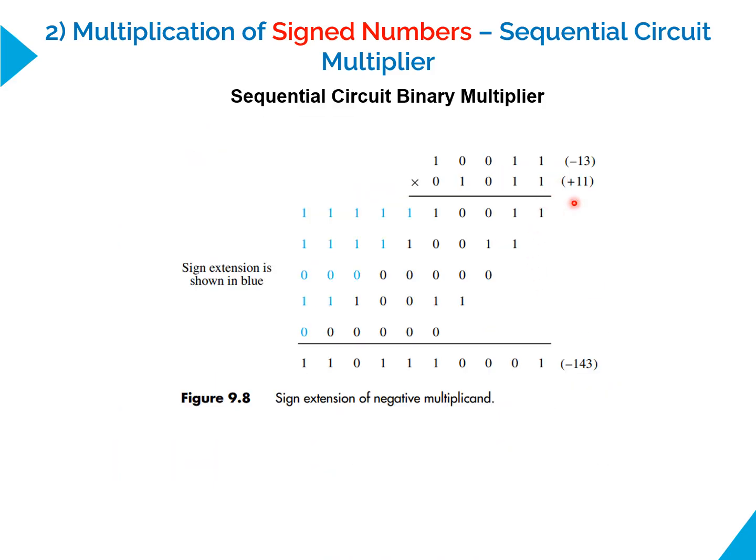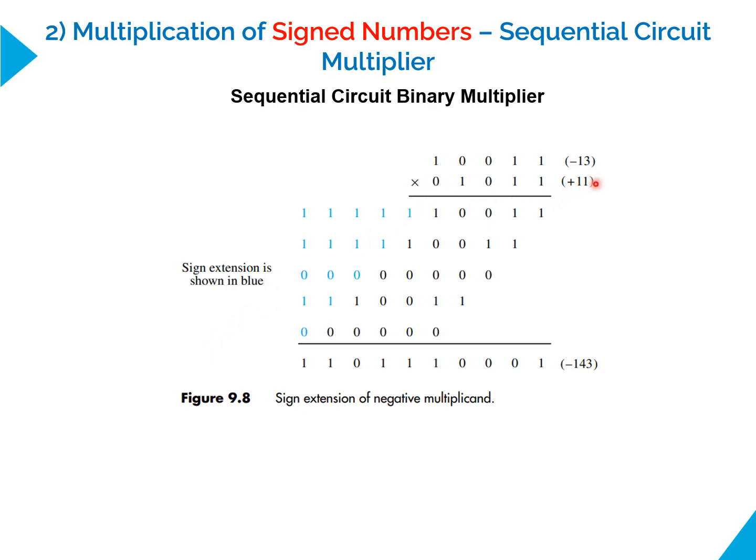Here you can see how in the manual way we have to do the multiplication, and the difficulty with signed numbers when you use a sequential circuit multiplier. When you shift right, the most significant bit will always be equal to 0.